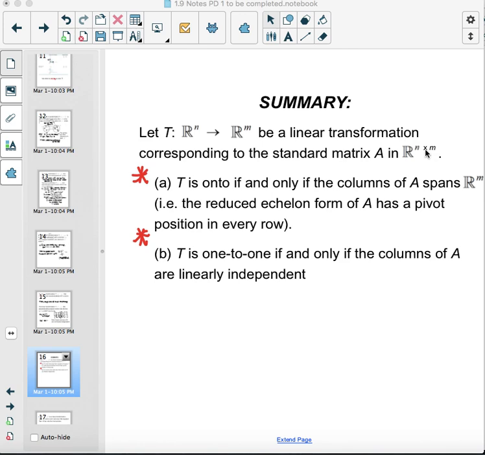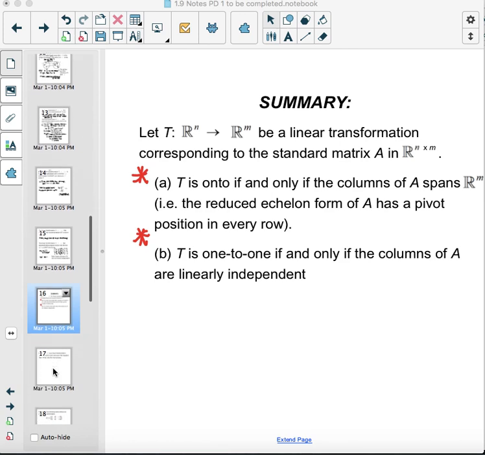This looks a lot like A, rows by columns, but this is not rows by columns. This is domain: X exists in the domain Rn, and B exists in Rm, and A is an m by n matrix as before.